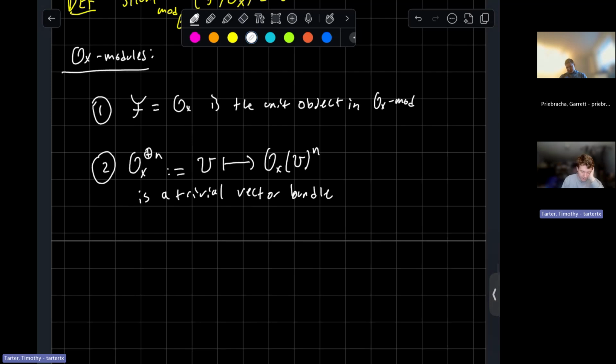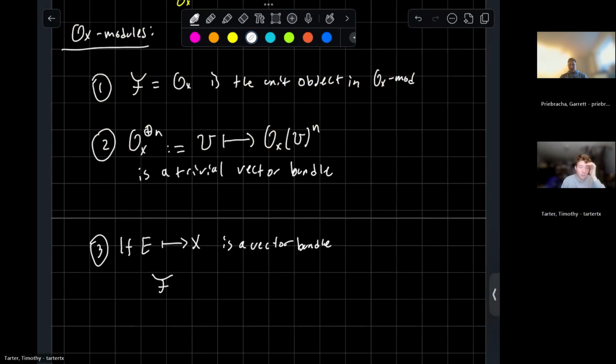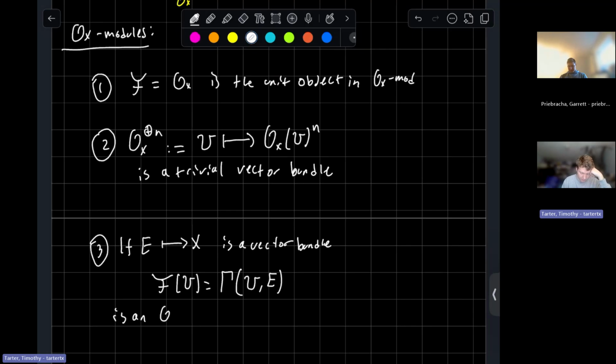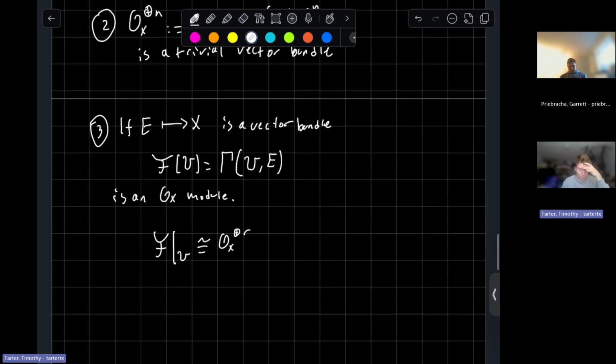And then something more for us is if E to X is a vector bundle, which I'll define in a minute because I haven't ever had the pleasure of using one, F of U is equal to gamma of U, is an OX module, and locally F restricted to U is isomorphic to OX to the R. So it's trivial vector bundles.